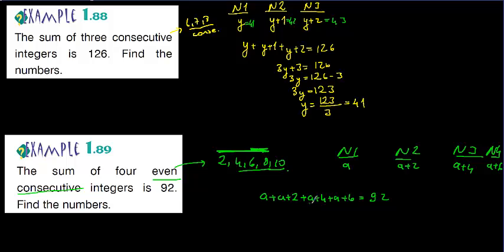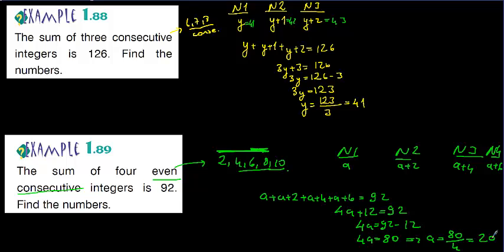So a plus 3a is 4a, and 2 plus 4 is 6, plus 6 is 12. 4a plus 12 is equal to 92. So 4a is equal to 92 minus 12. 4a is equal to 80, and this implies that a is equal to 80 over 4, which is equal to 20.